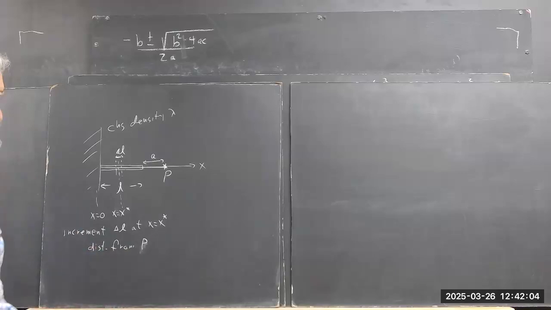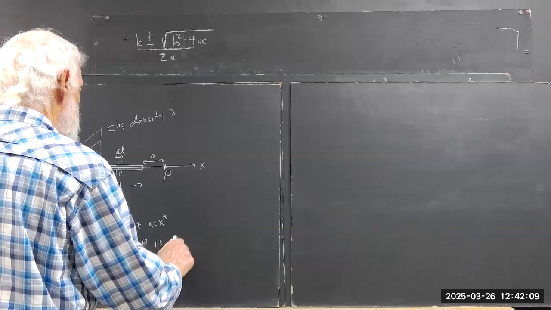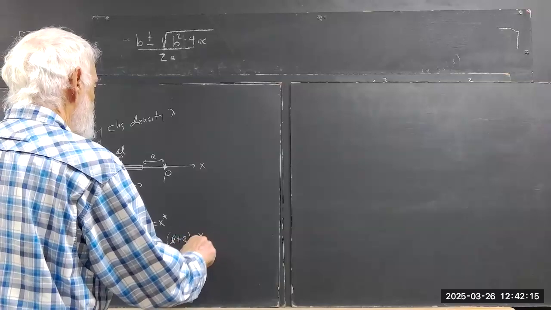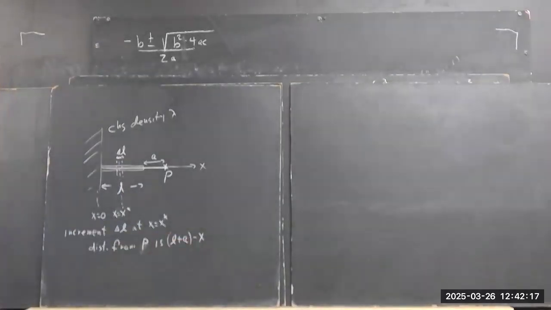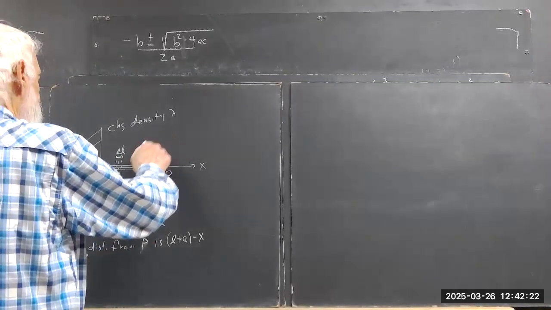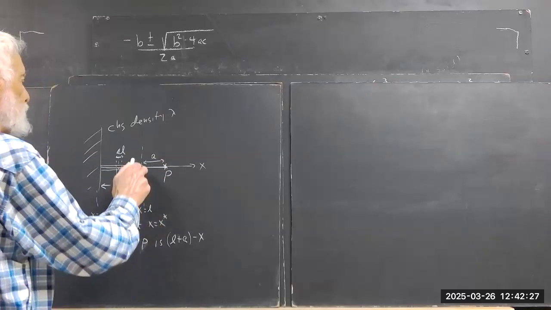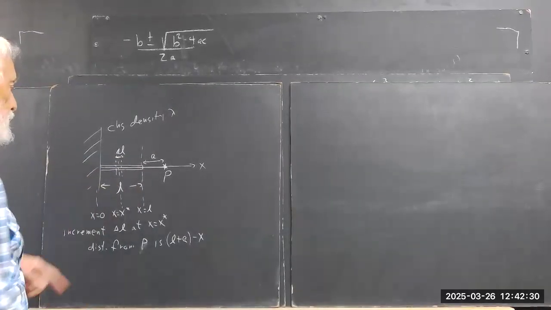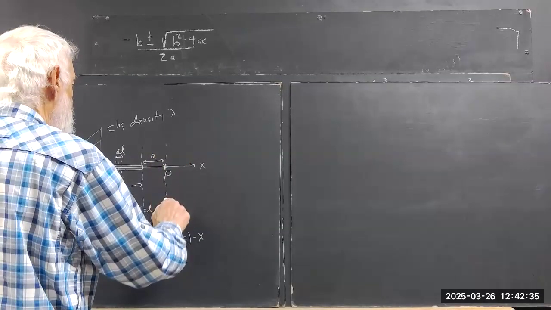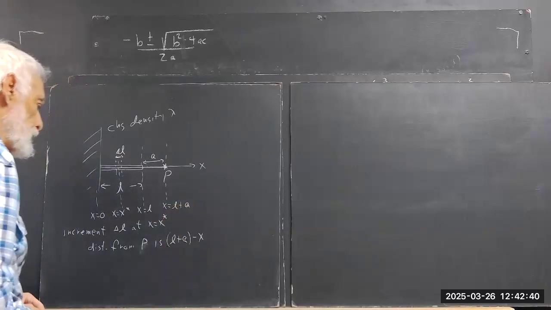The distance from P is clearly L plus A minus x, because x equals L here is the end of this rod whose length is L, and one end is at x equals 0. And here, x equals L plus A, for obvious reasons.